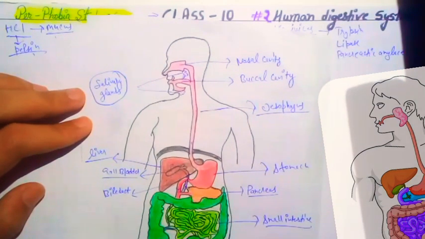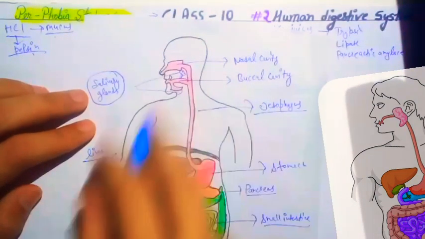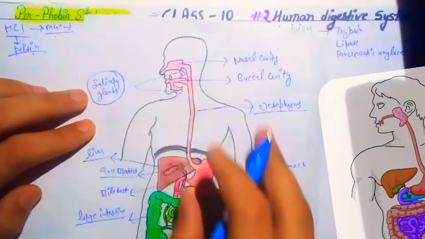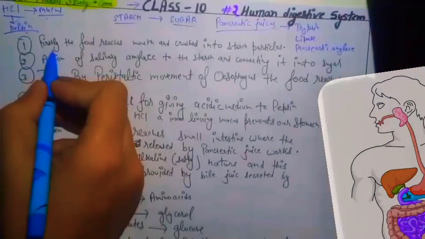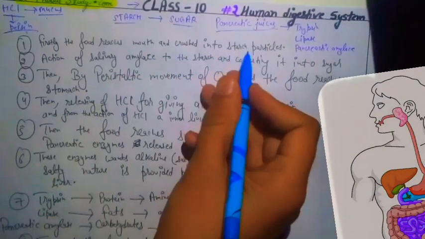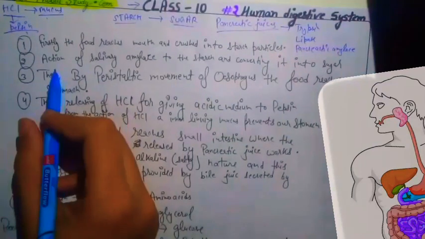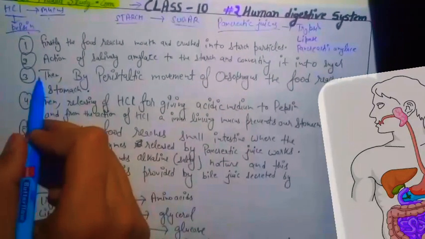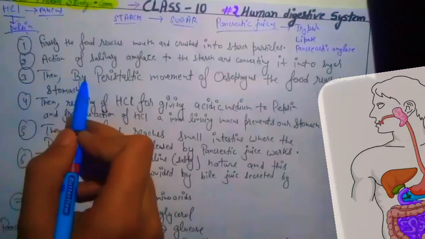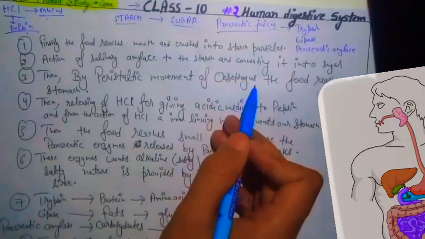So these are the organs of our digestive tract. Let's revise what we have learned. So firstly, the food reaches the mouth and is crushed, and second, salivary amylase acts on starch and converts it into sugar. Then third, by peristaltic movement of the esophagus, the food reaches the stomach.